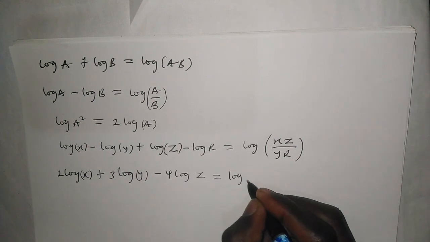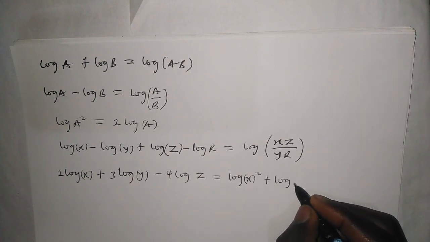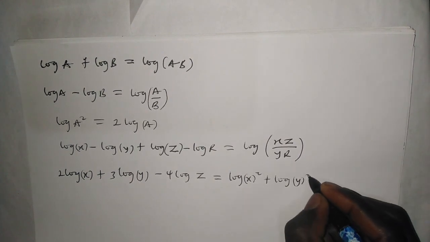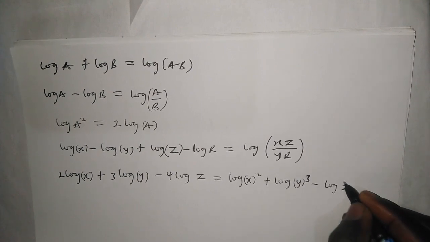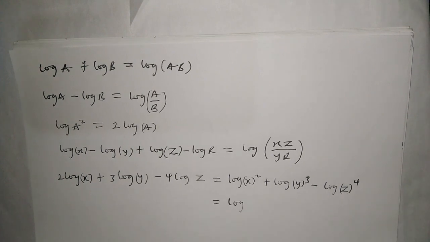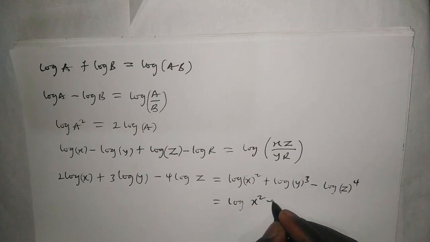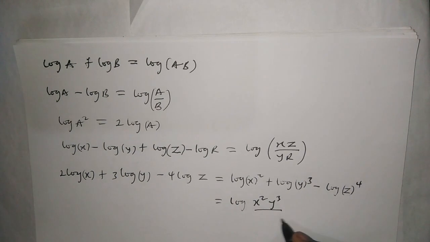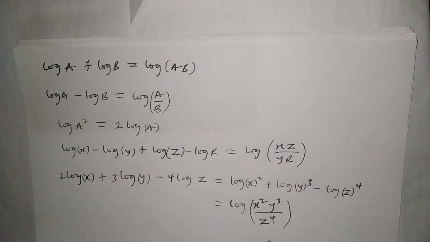It's going to be log x raised to power 2 plus log y raised to power 3 minus log z raised to power 4. Next, all the ones carrying positive sign in front will go up and the ones carrying negative sign in front will go down. So it's going to be log of x raised to power 2, y raised to power 3, all over z raised to power 4. And this is our answer.